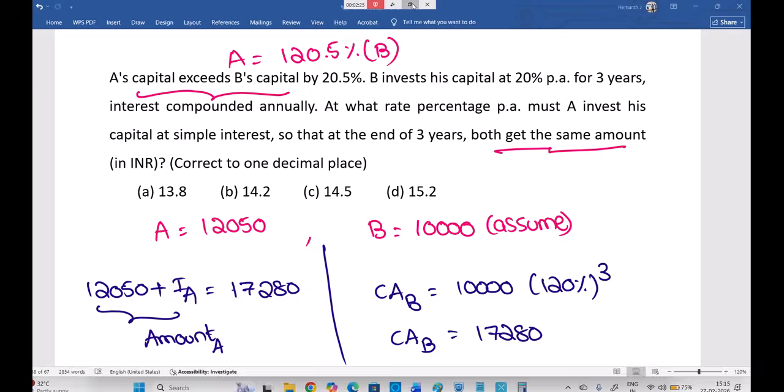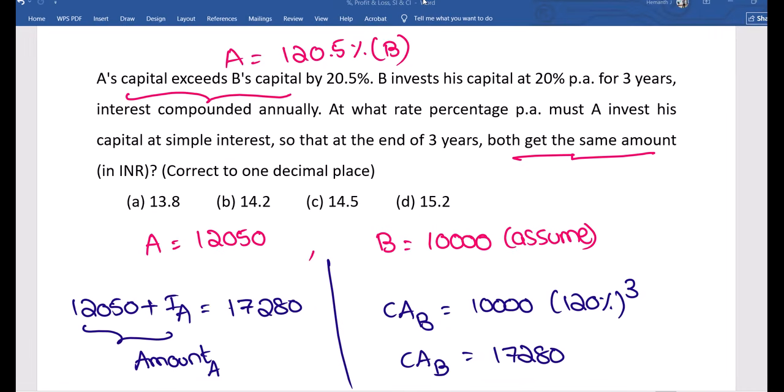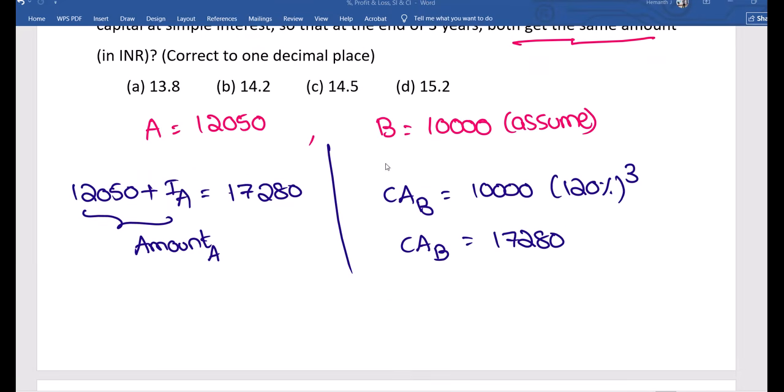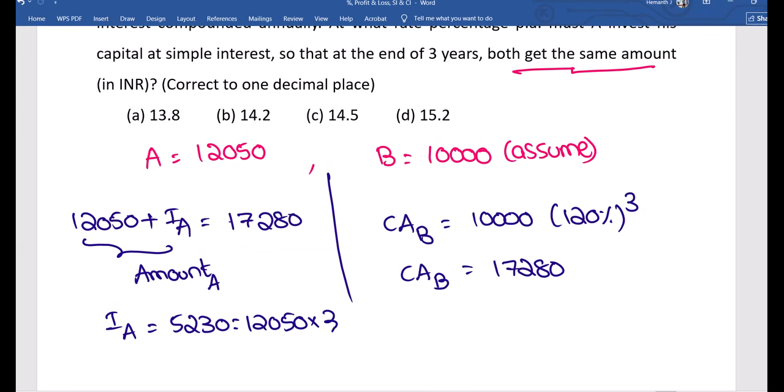B is invested in compound interest, and A is invested in simple interest, clear, right? Now what is the interest? How much interest should A get? 5,230, correct. This is principal into rate into time divided by 100, with time being 3 years only. The rate of interest is what you have to calculate.